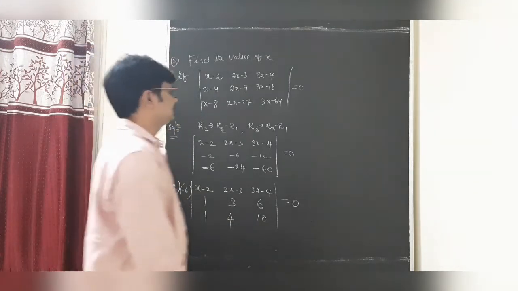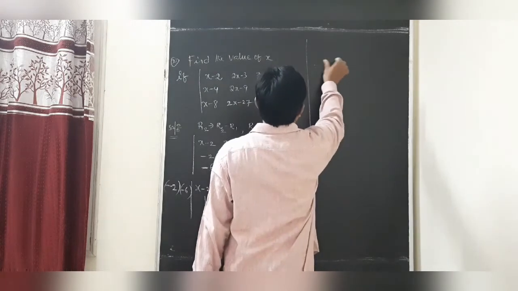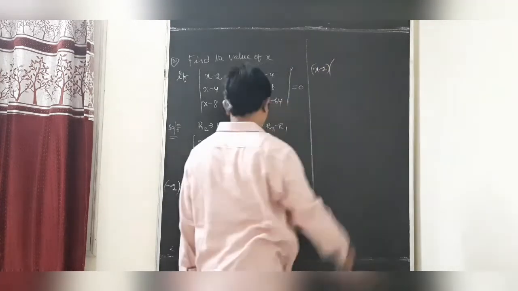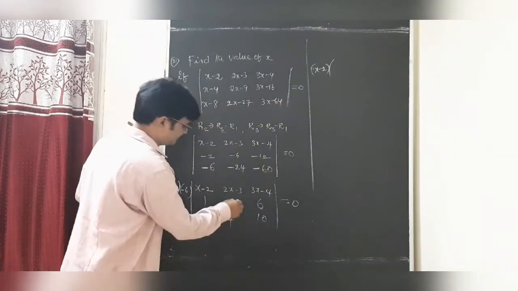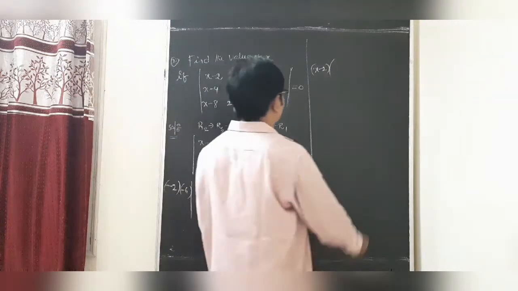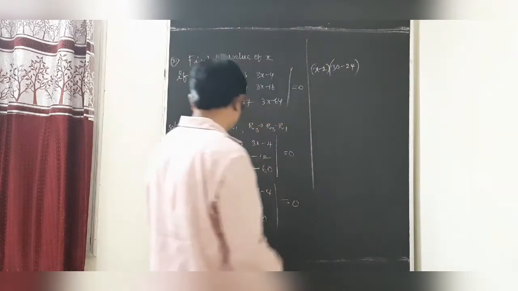Now students, expanding along the first row, the first term is x minus 2 times the minor, 30 minus 24.